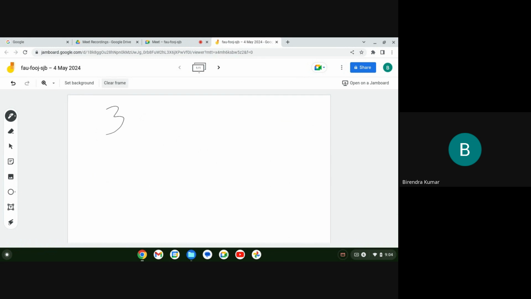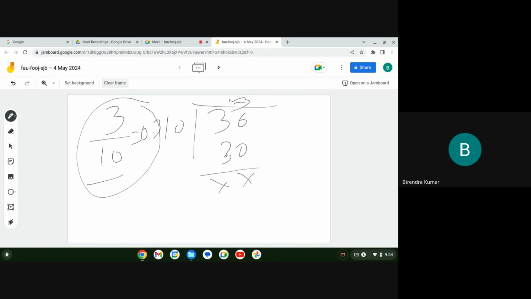3 by 10, or dividing 3 by 10, gets you 0.3. Now 3 by 10 equals 0.3. This is the calculation that we have got here, and how we are relating that is what we are seeing just now.